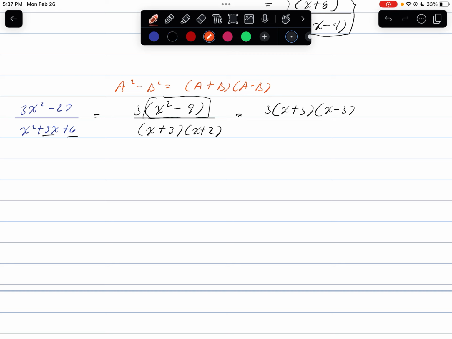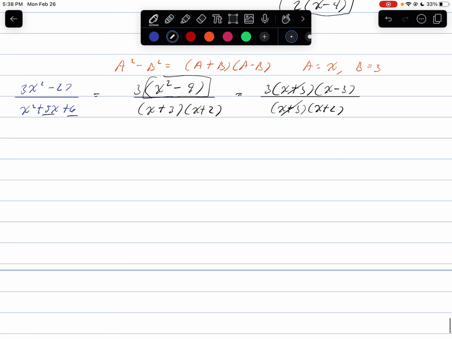This is because in this case, we take the square root of x squared, that's going to give us a is equal to x, and the square root of 9 is b is equal to 3. So we can write this as 3 times x plus 3 times x minus 3. And then we have x plus 3 times x plus 2 in the denominator. And we can go ahead and cancel the x plus 3's here. So that's going to give us 3 times x minus 3 over x plus 2. And that's about as much as you're going to be able to simplify it.